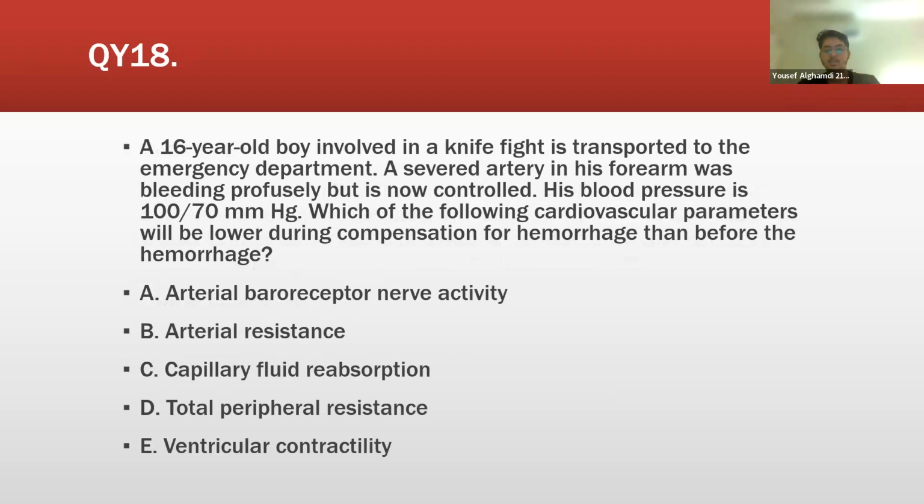So during the compensation, it would be lower compared to before the hemorrhage. Okay, Yasser. Does anyone else have an answer? I'm not saying you're wrong, Yasser. Okay, Asma and Sidra say C. Okay, why C? Good thinking, but why do you say C?